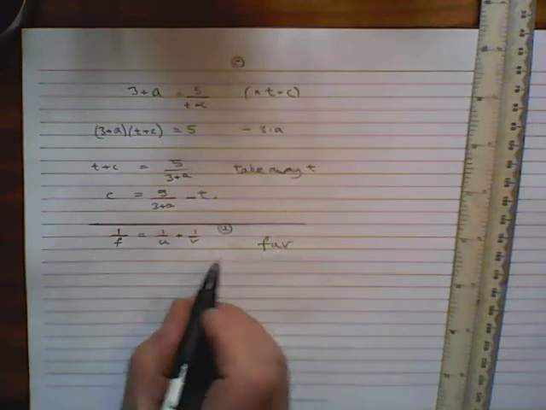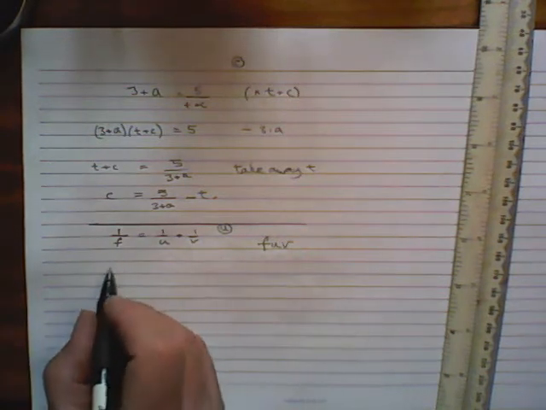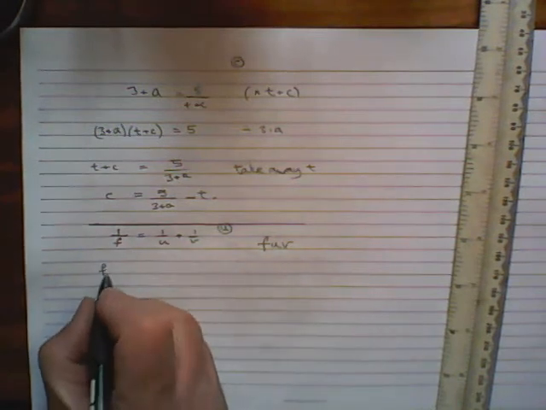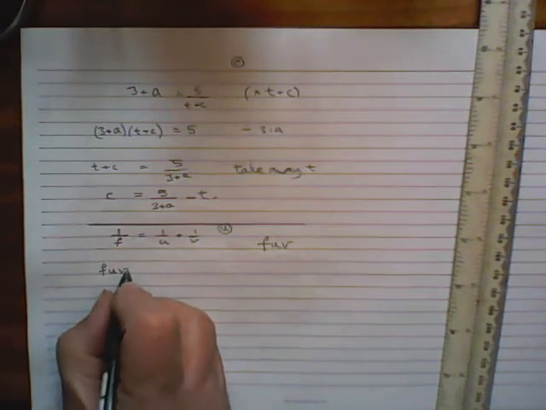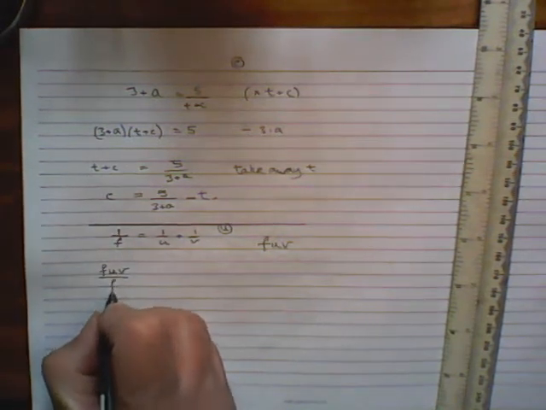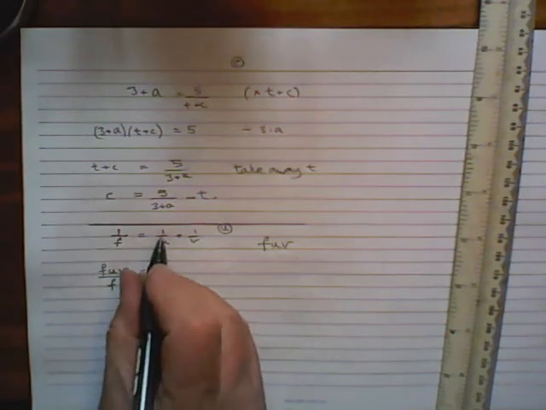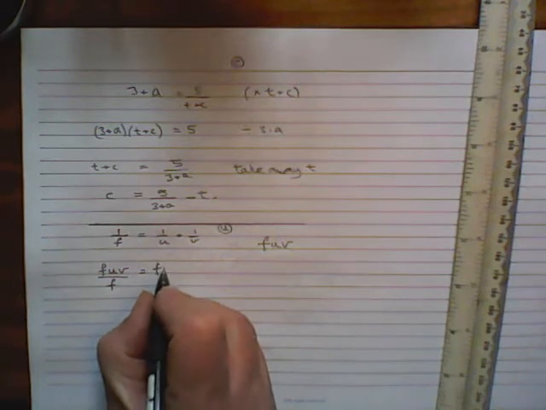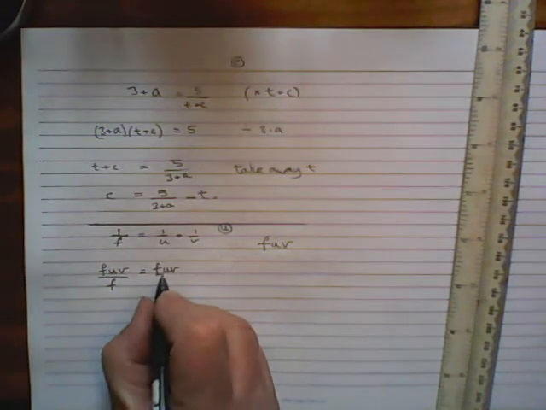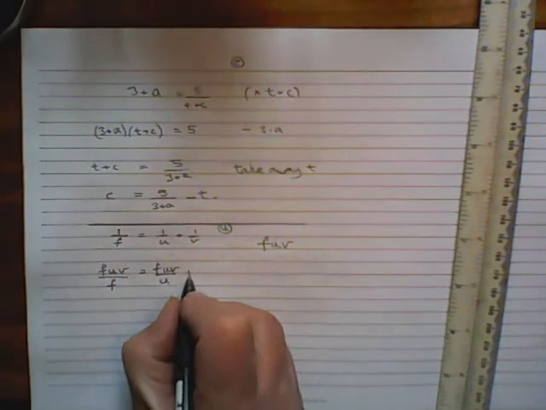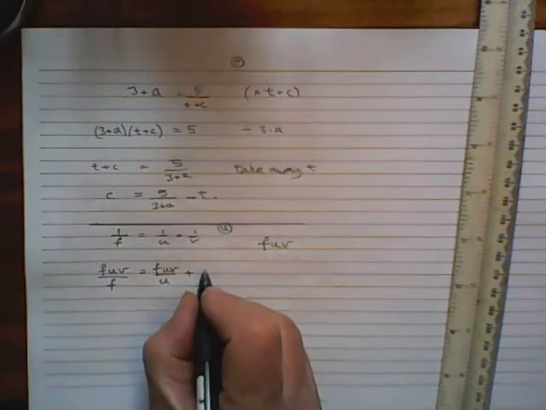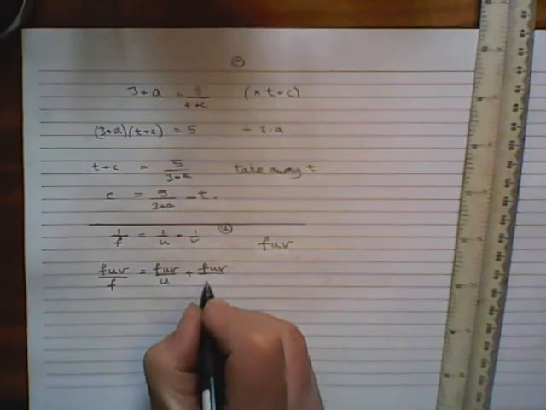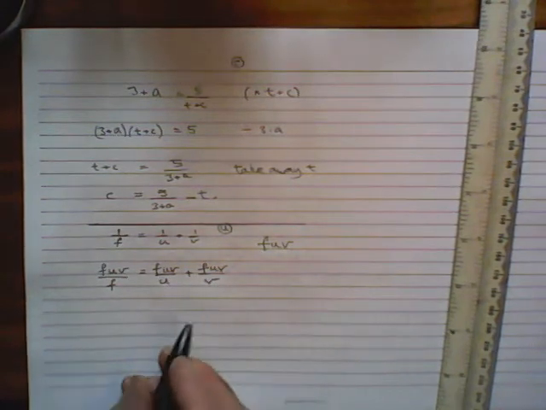And if I multiply FUV by this 1 over f, I'm going to get FUV over f. It's 1 times FUV over f, equals 1 times FUV over u, plus 1 times FUV over v.